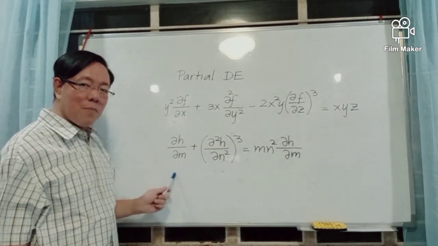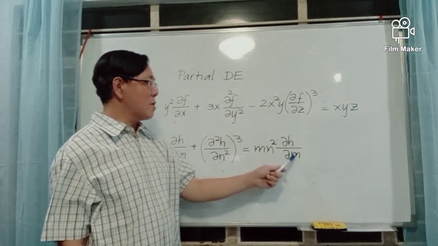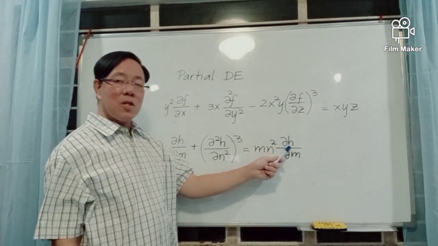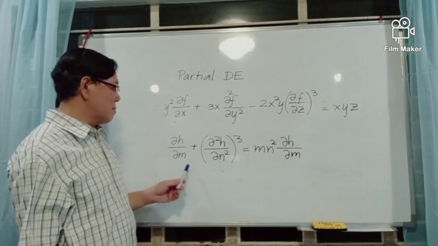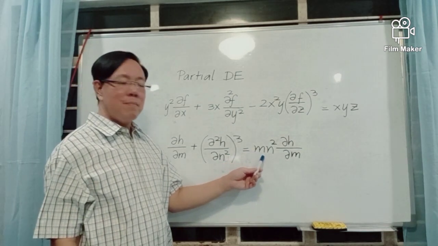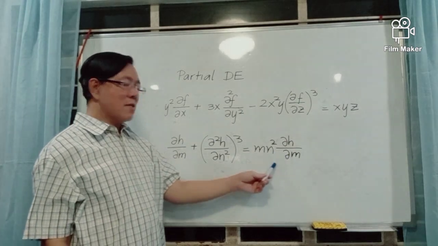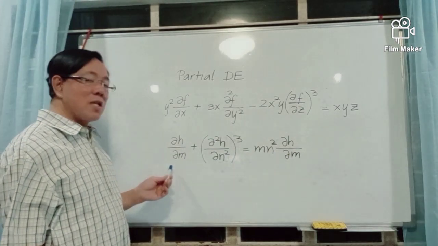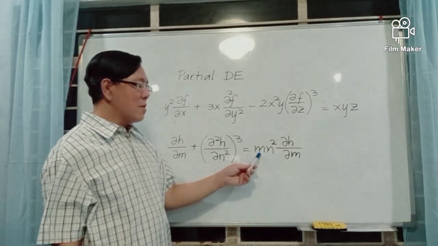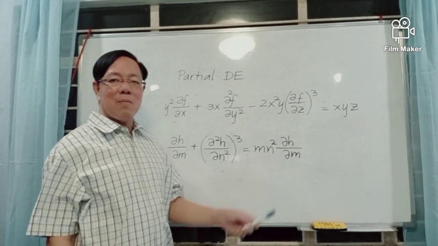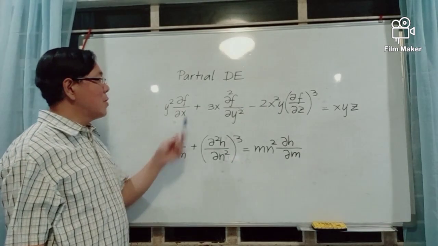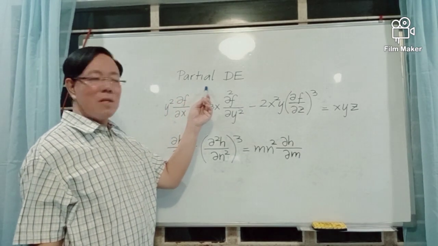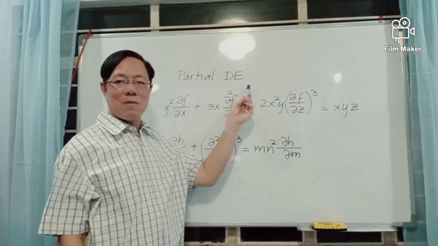So you can see that the function h is a function of two independent variables, m and n. And this equation contains the partial derivatives with respect to these two independent variables. So this differential equation is known as a partial differential equation.